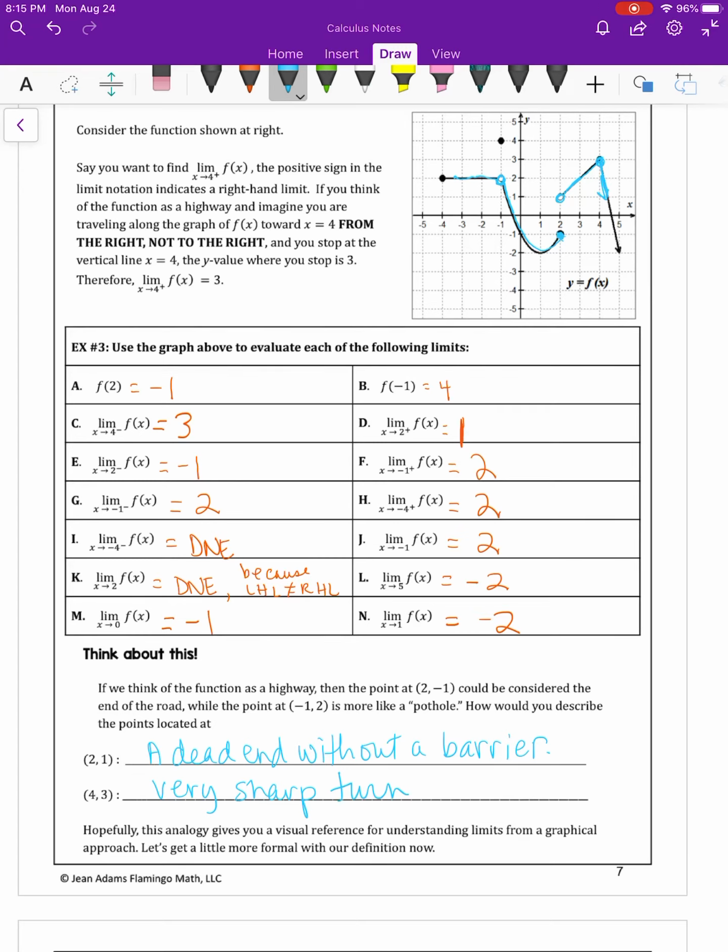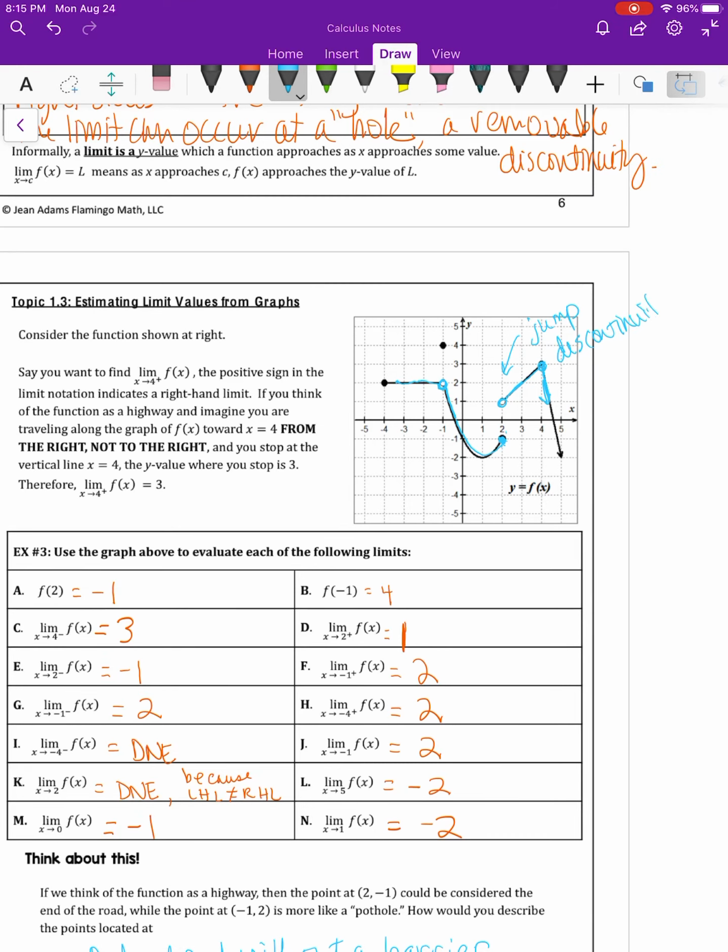Okay? So hopefully this analogy gives you a visual reference for understanding limits from a graphical approach. Because if you hit a dead end, that limit is not going to exist. If you remember correctly, this is called a jump discontinuity.